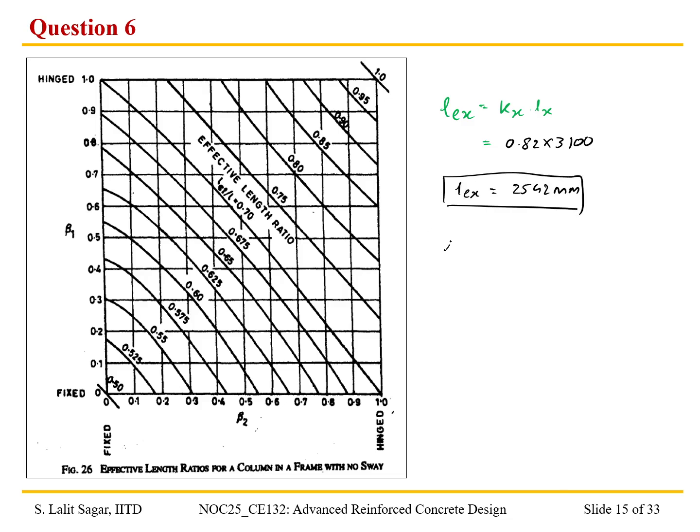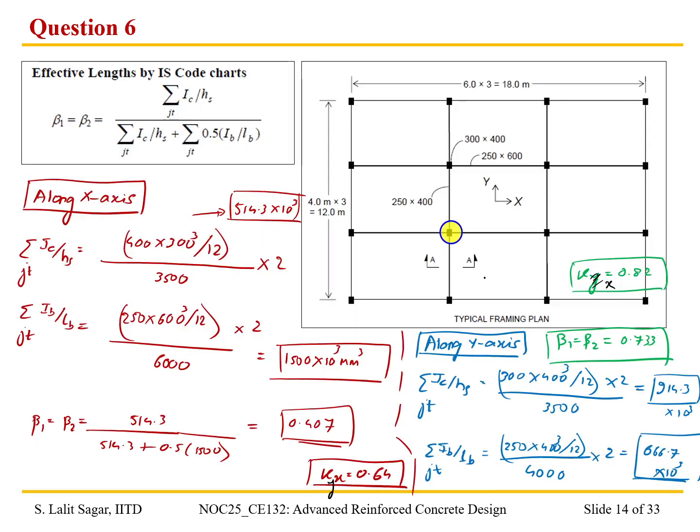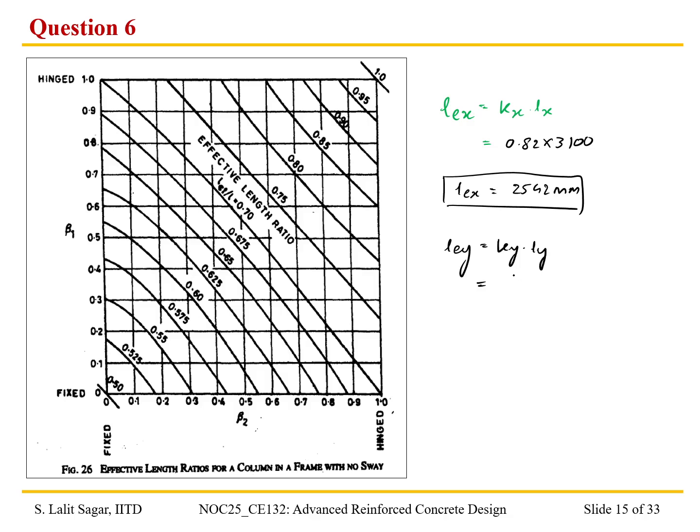Similarly, LEY is equal to KY into LY. So what is the value of KY? 0.64. Yes, 0.64 into 2900. Okay, so LEY is how much? 1856 millimeter. 1856.